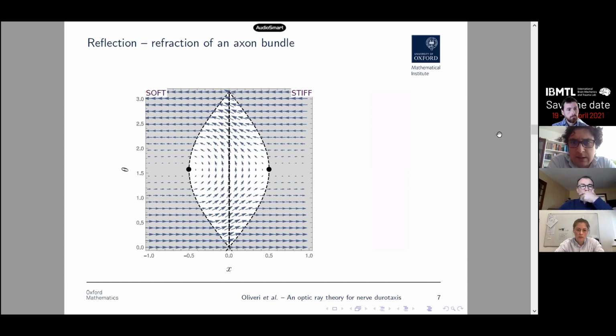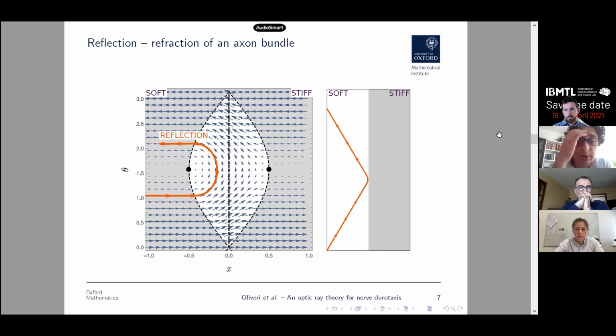And what we see here is a clear white almond-shaped region where deflection occurs. This corresponds to the only portion of the domain where the bundle actually interacts with the interface. Outside this domain, the bundle grows in the same zone, so every growth cone is subject to the same stiffness field and grows in a straight line.